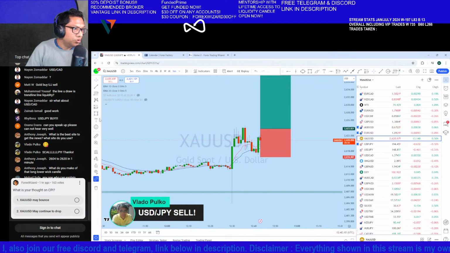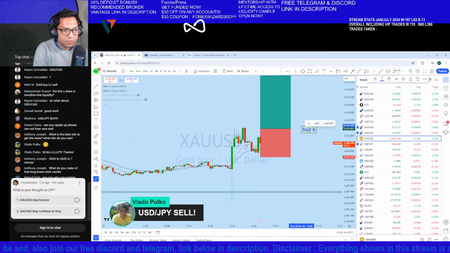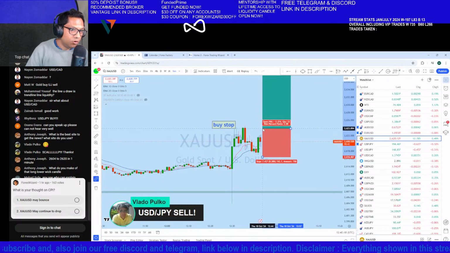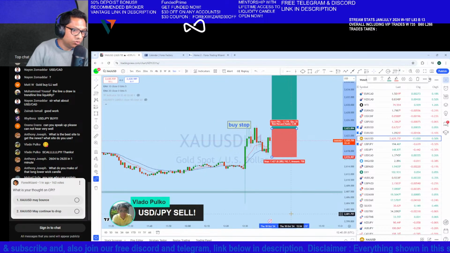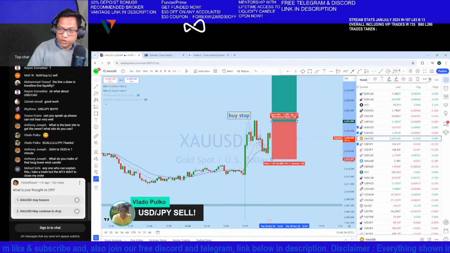If it bounces, so buy stop. If it only goes up, then we will be entering, otherwise we might see another rejection. So buy stop at 2623.89.